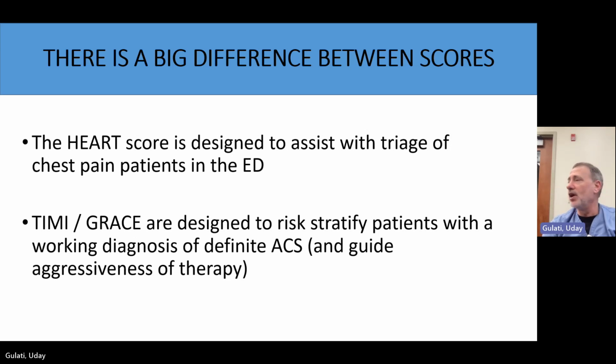And if you find that they're at very high risk for bad outcomes, you may want to get on the phone and say, hey, listen, maybe we should bring this patient to the lab a little sooner, right? Whereas the heart score, you're not going to be using that in the ICU. They're going to be using that to help figure out whether a patient needs to be admitted, what diagnostic and therapeutic pathway they should go down.